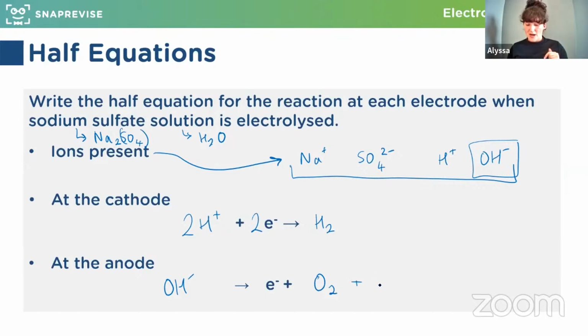We actually form O2 and water, and we form 2 waters because we've got to get rid of the hydrogen somehow. So we actually need, no, we don't, we need 4 of those. We need 4 OH minuses, and we actually end up losing then 4 electrons, and we produce 1 O2 gas molecule and 2 water molecules.